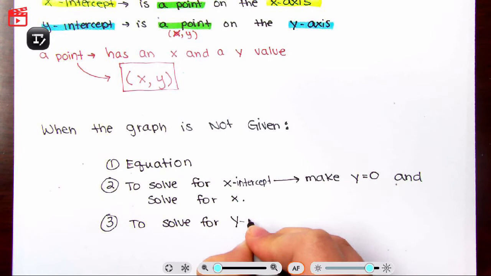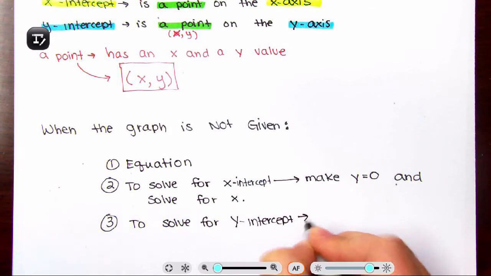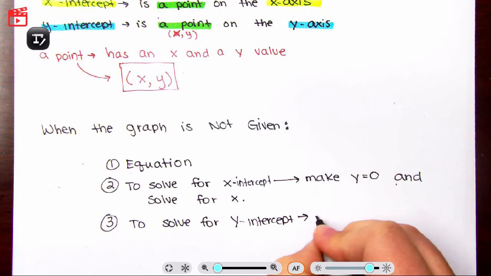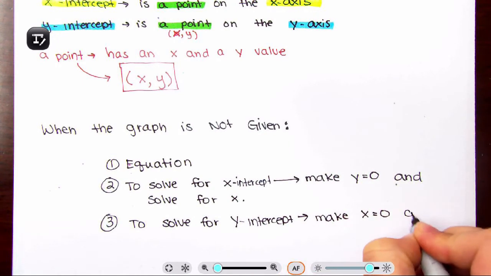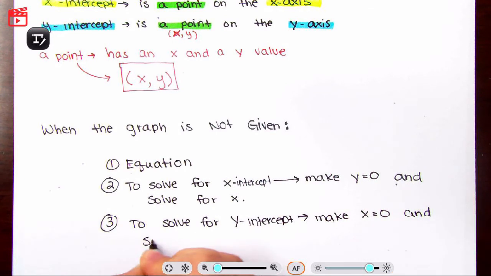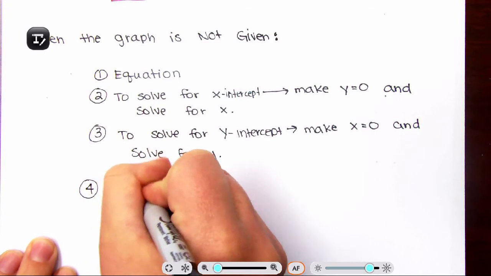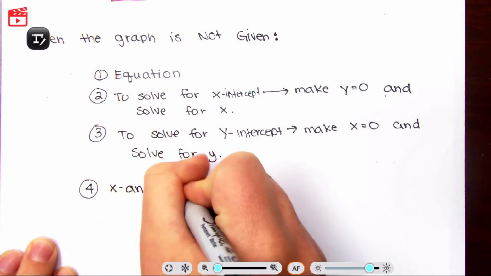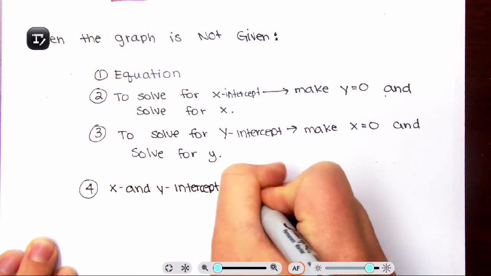If we're solving for the Y-intercept, we're going to do the opposite. You're going to make X be 0 and solve for Y. Now, step number 4, you need to always remember that X and Y intercepts are points.